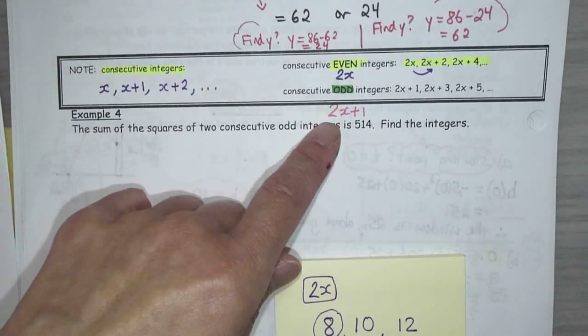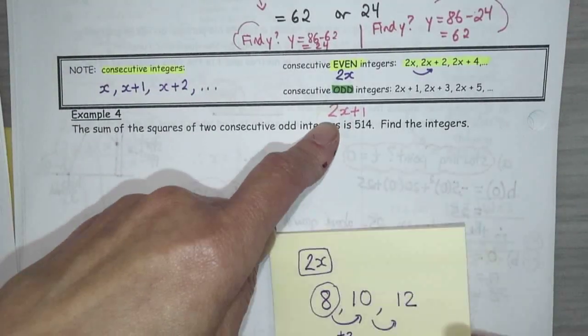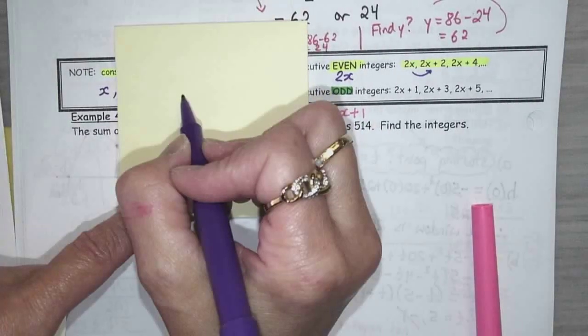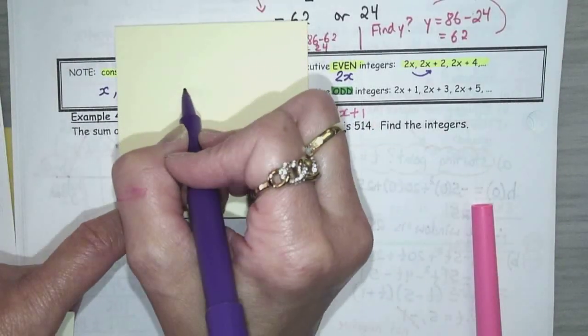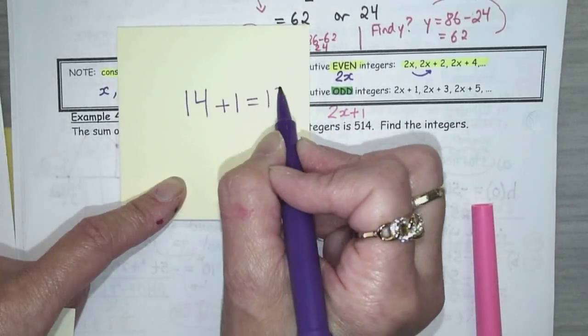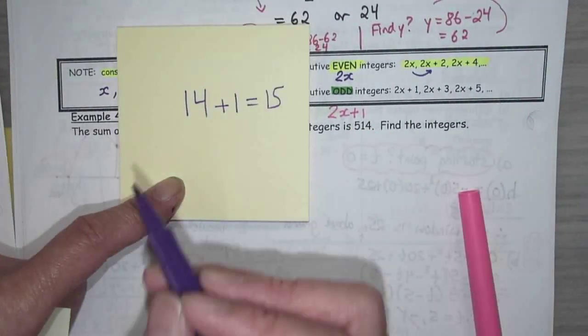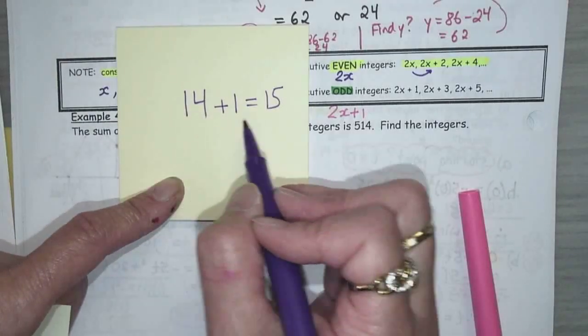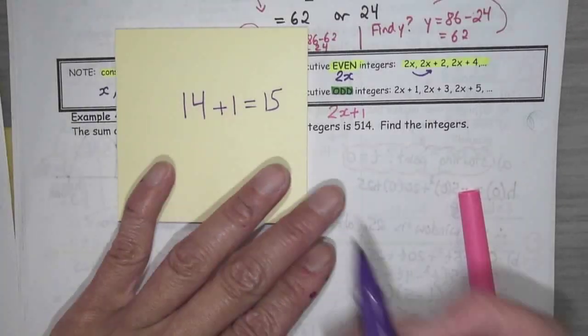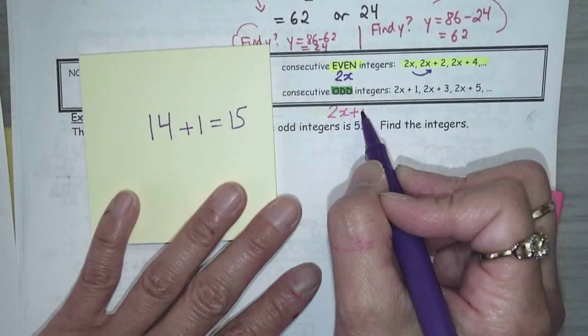Anything that's times 2 makes it even, and as soon as you add 1 to an even number, so try any even number. Give me an even number. 14. Add 1 to it, it's odd. So if you take any even number and you add 1 to it, it makes it odd. So the definition of an odd number is 2x plus 1. So you start with this.